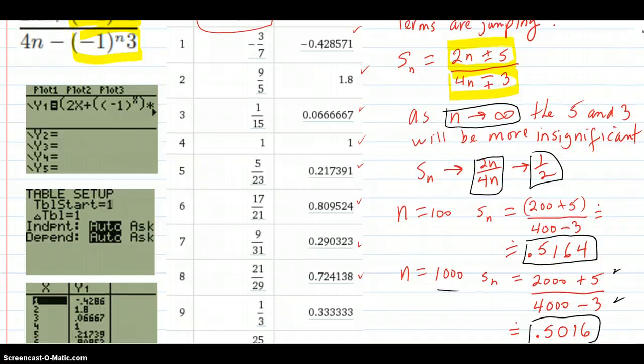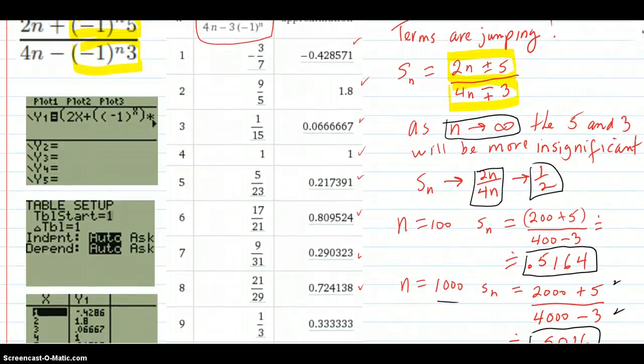Then I took a look at this in the calculator. I put in y1, because remember you can do these in the regular y equals with the x's, or you can put in sequence mode and do it that way, but it's a little faster in the normal x and y form. So you put in the function, and then I set up a table.